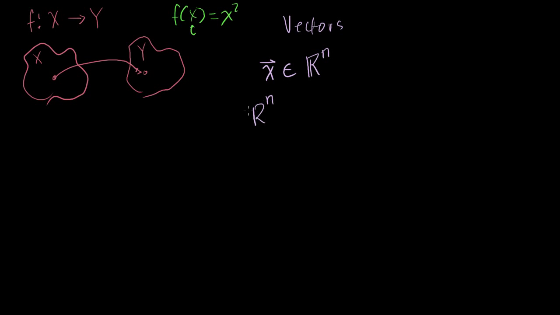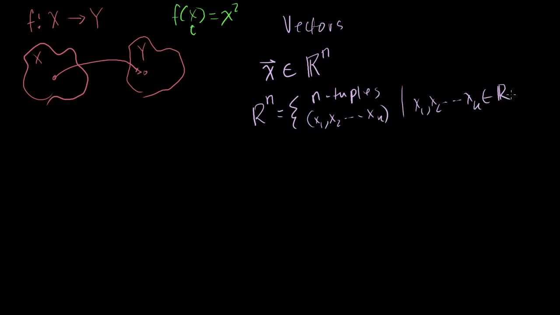We defined it way back, at the beginning of the linear algebra playlist, as the set of all n-tuples. x1, x2, xn, where your x1s, x2s, all the way to xn's are members of the real numbers. So your Rn is most definitely a set.